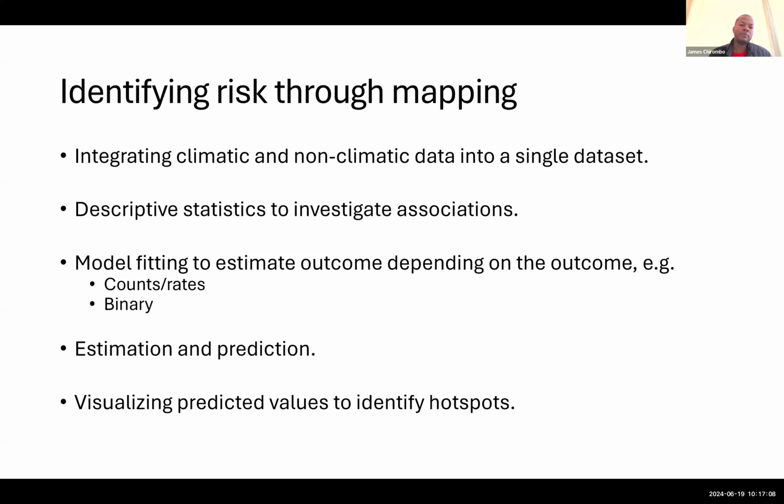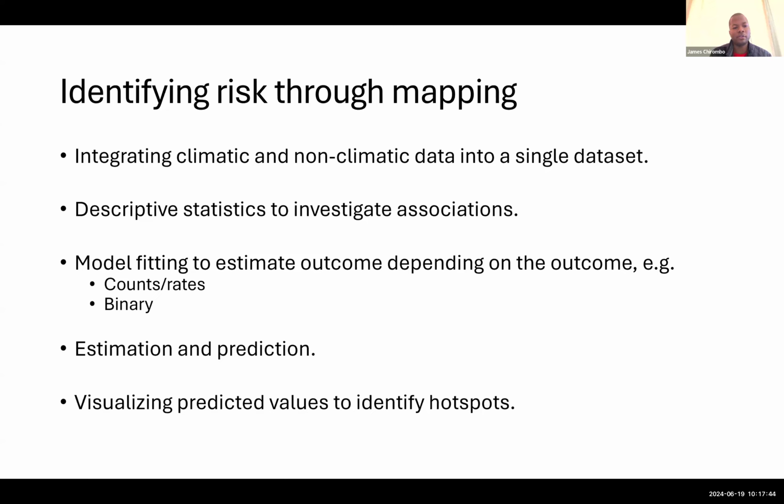So beyond the descriptive statistics, it might be necessary to do some statistical modeling, fit some models to estimate the outcomes. And this will primarily be driven by the data type. So for example, if the data that I have are disease counts, maybe the number of disease cases at a district level across my country, then I'll end up with count data, and that will determine the kind of models that I can fit to the data.